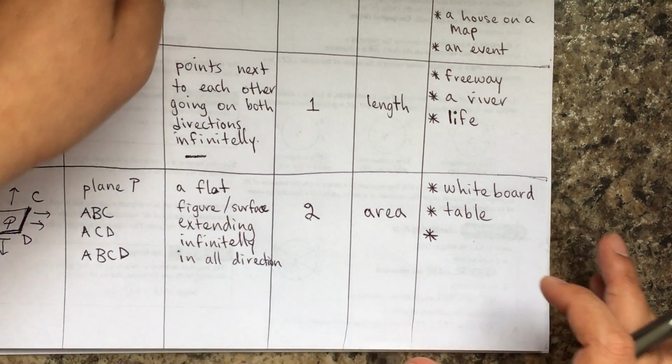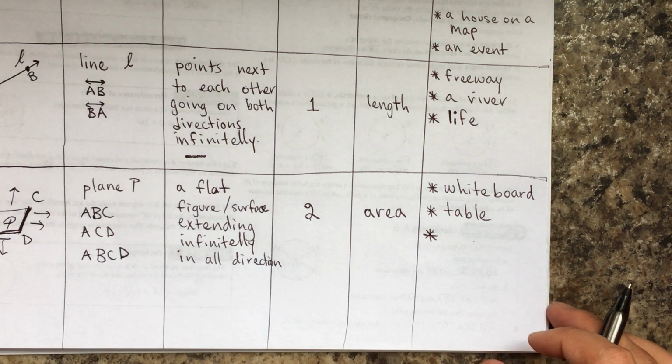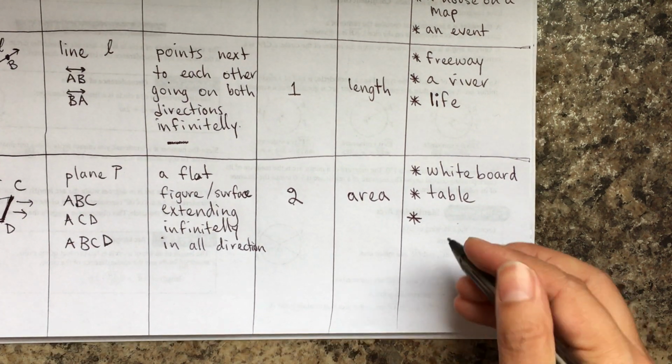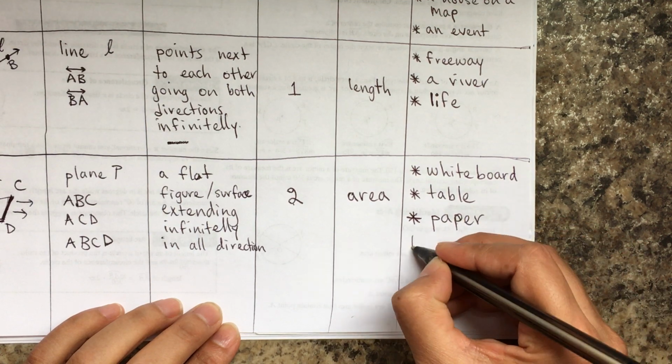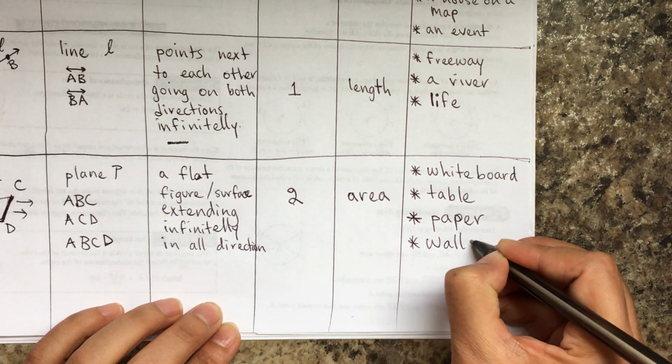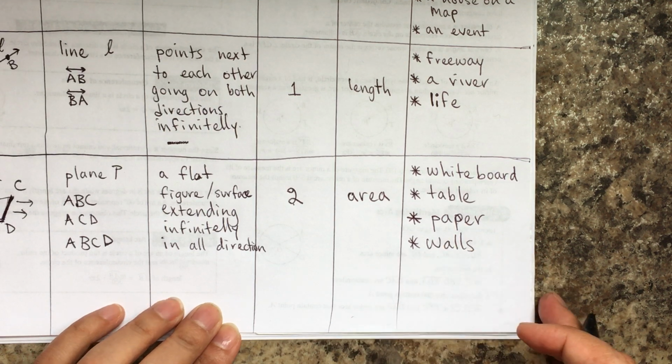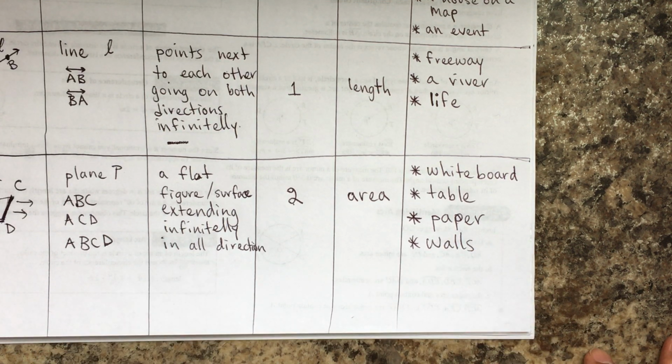What else did they mention? The paper, they said it was also a flat surface. Walls. So these are some examples of planes.